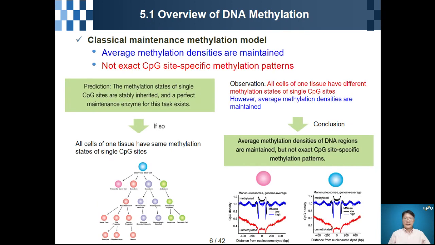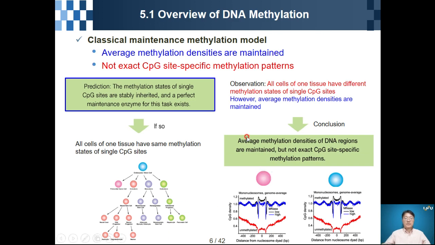In this slide, I will explain an important concept in the classical maintenance methylation model. This is the prediction: the methylation status of a single CpG site is stably inherited.